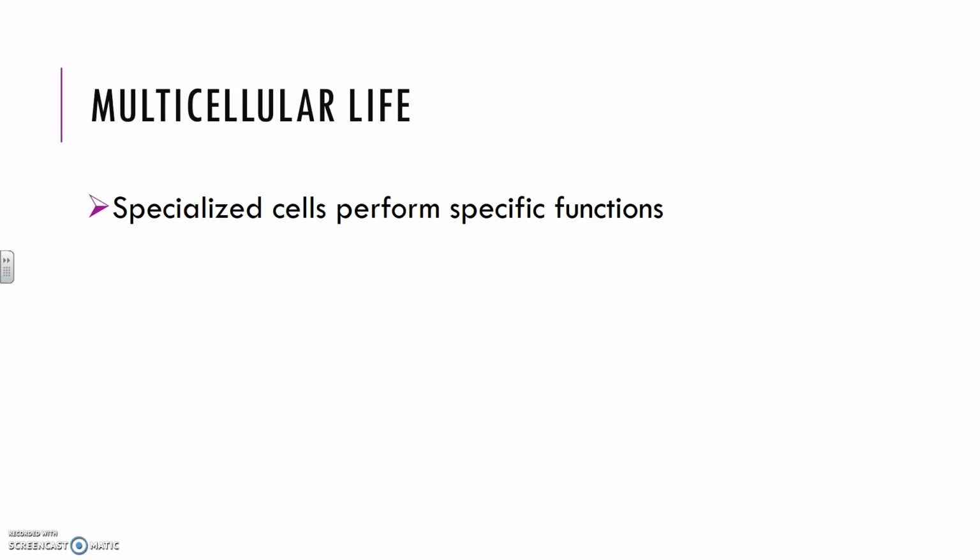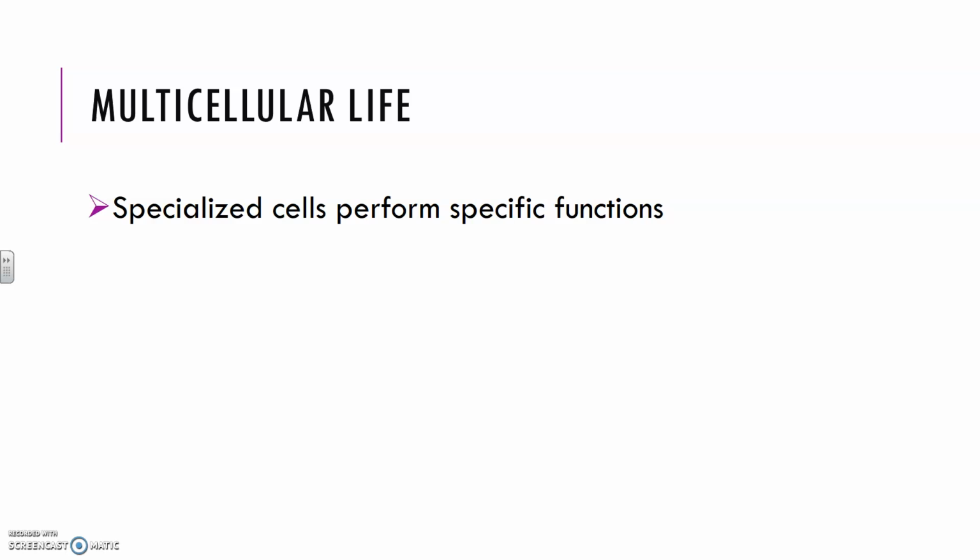But first up, specialized cells perform specific functions. So you're not going to have a skin cell producing the same kind of effect that a muscle cell will do, because the skin cells are specialized for coating everything else, protecting everything else from the environment, whereas muscle cells are developed specifically to help with motion.